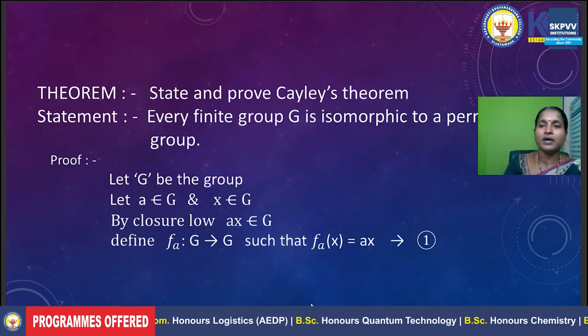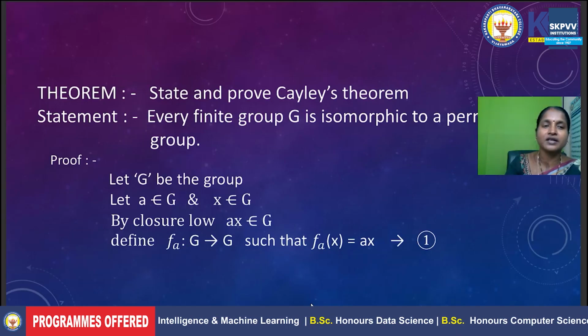In part 2 we prove that it is a permutation group. Finally we prove it is isomorphic to a permutation group. Isomorphic means we prove it is 1-1, onto and a homomorphism.